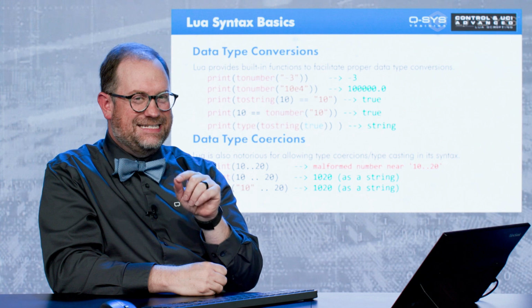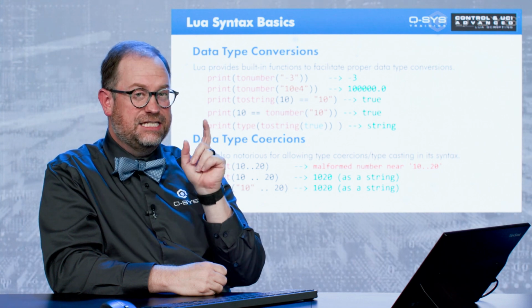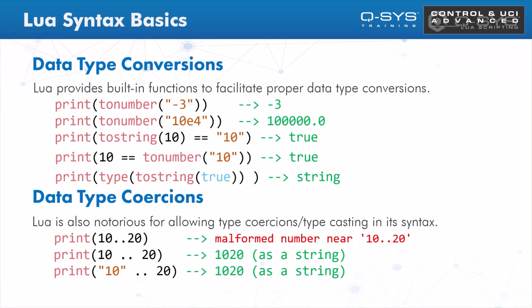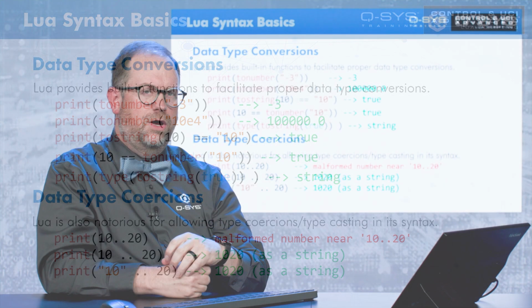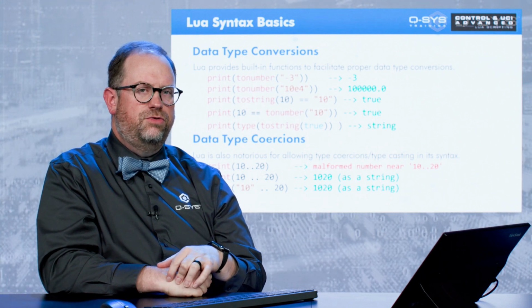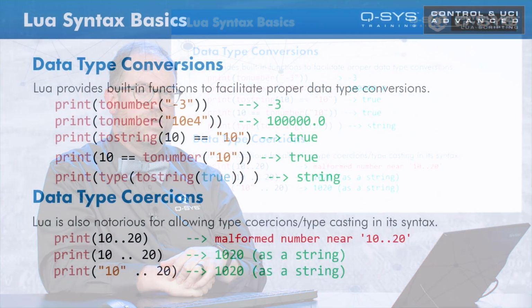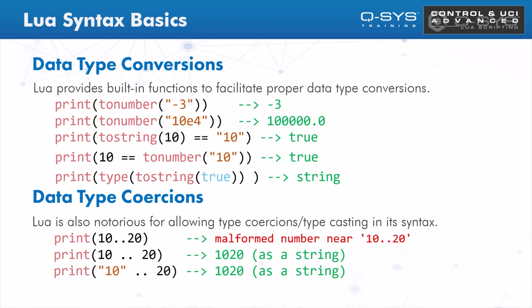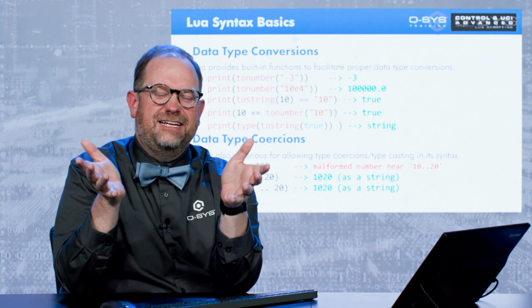But if you instead write 10 space dot dot space 20, then Lua says, you gave me numbers, but you definitely gave me the concatenation operator. So okie dokie, I'm going to return to you the string 1020, which is really naughty.